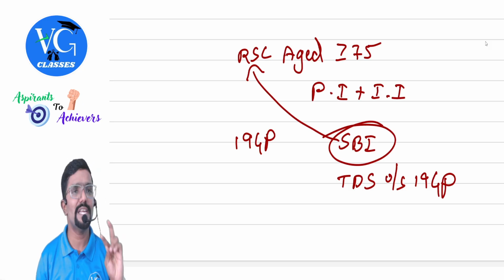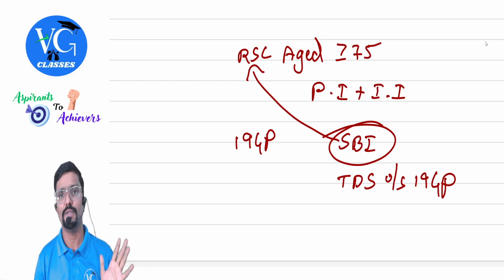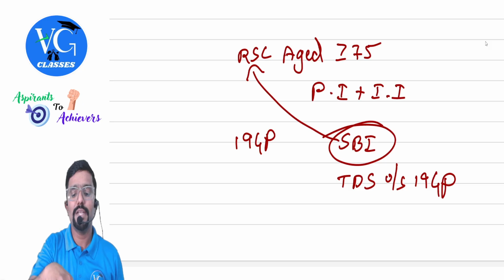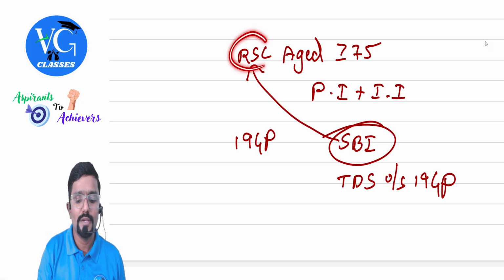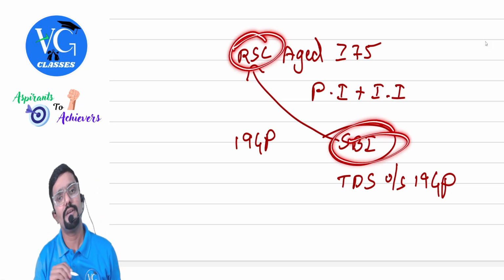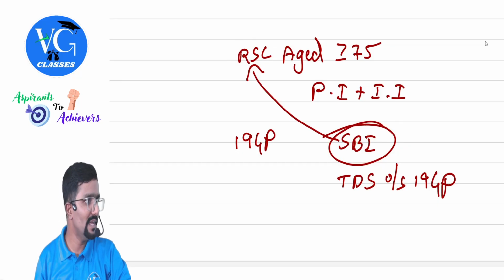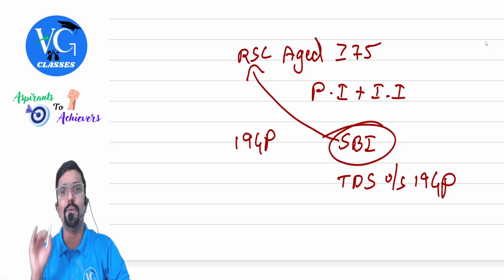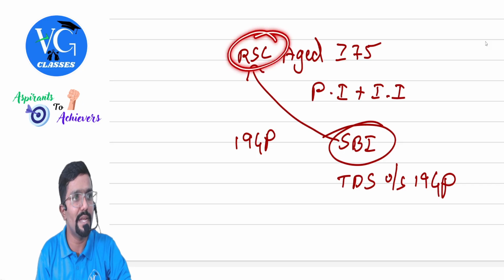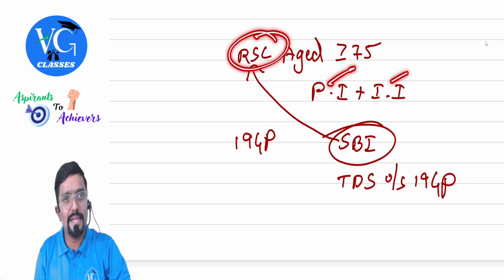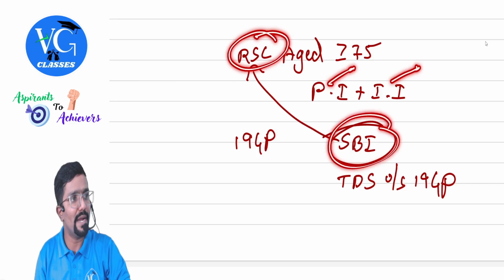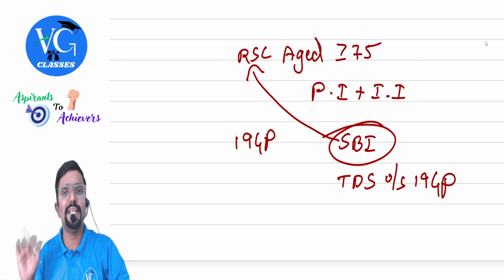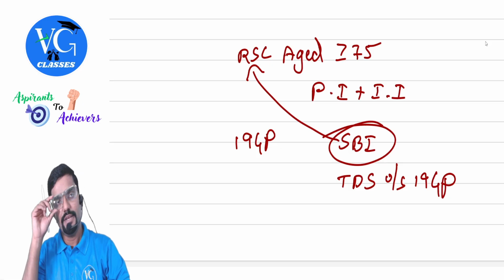TDS. So is there a specific rate of TDS? No. They just told whatever is the tax liability of this guy, you need to deduct it as TDS. Clear? And this section is applicable only if this person is earning pension as well as interest from the same bank and is not getting any other income.